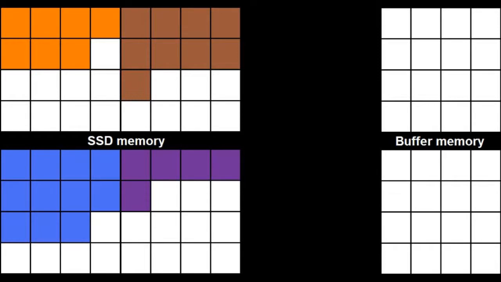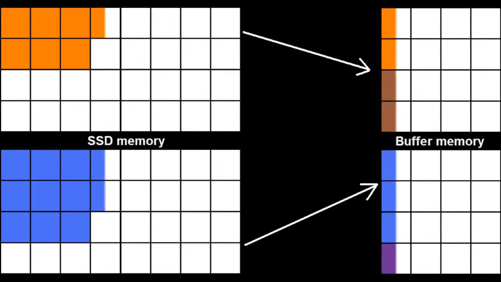It can't be used again. The whole page has to be rewritten. So this is where you come into the problem. The drive has to take this information on the left and defragment the space. I'll show you.